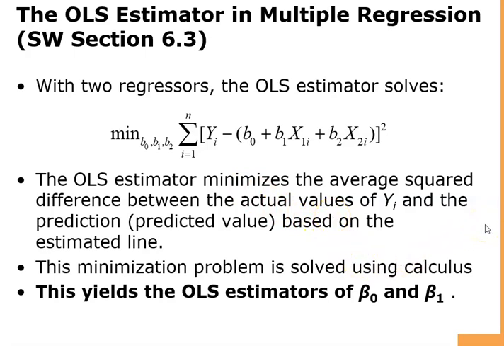We don't need to get into that right now because it is beyond the scope of this lecture. The statistical software we'll be using, for example STATA, will do this for us, giving us the estimators of beta naught and beta 1, which we don't need to calculate by hand.